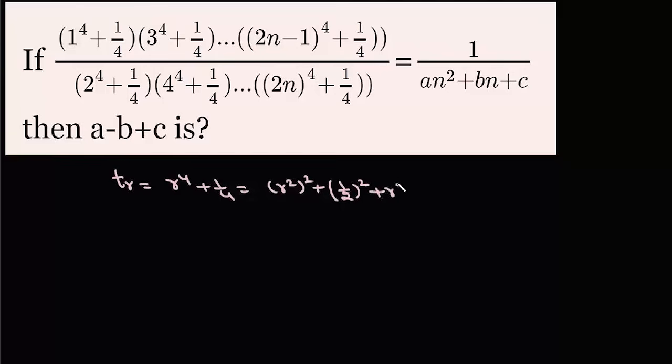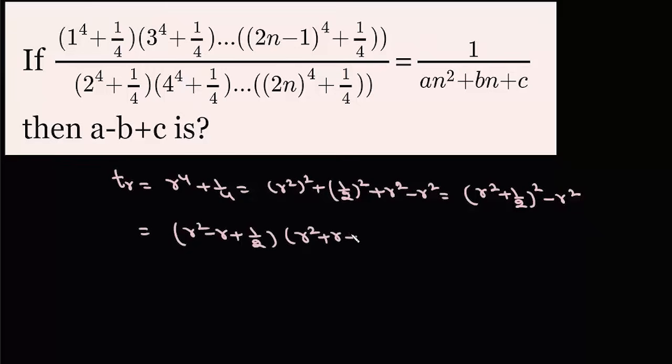So we'll add r square and we'll subtract r square. So we can write this as (r square plus 1 by 2) whole square minus r square, which again is a square minus b square. So we can write this as (r square minus r plus 1 by 2) and (r square plus r plus 1 by 2).